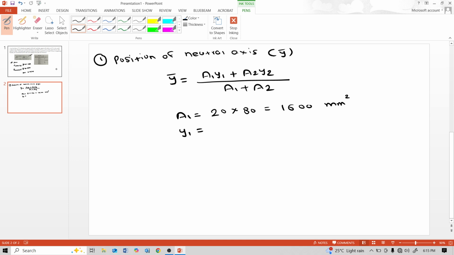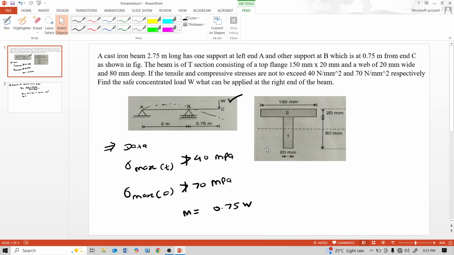Y1 is the distance from the bottom fiber to the middle of the web part. The web is 80 mm, so 80 divided by 2 is 40 mm.